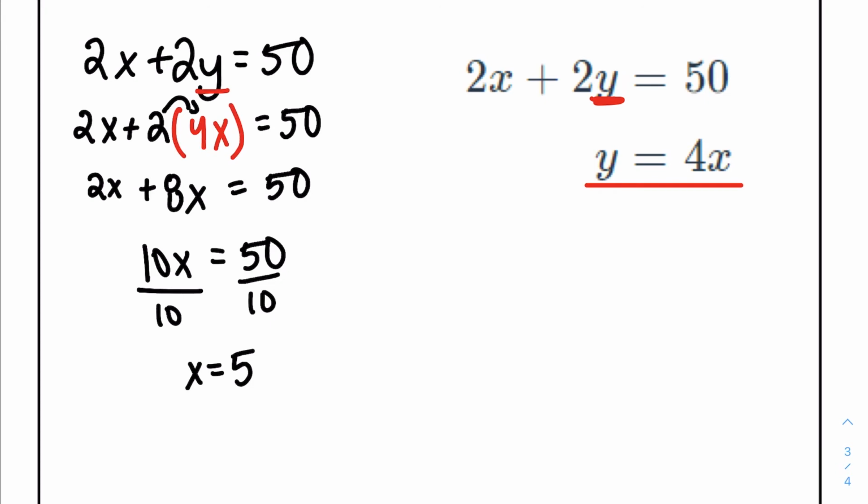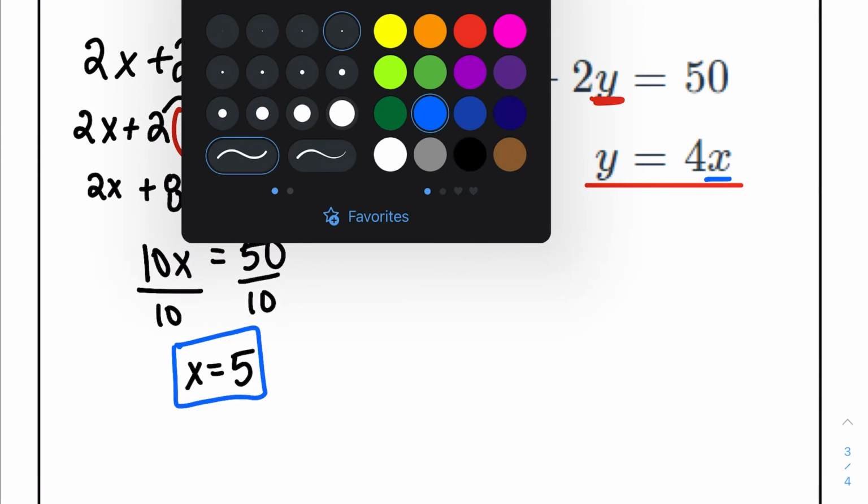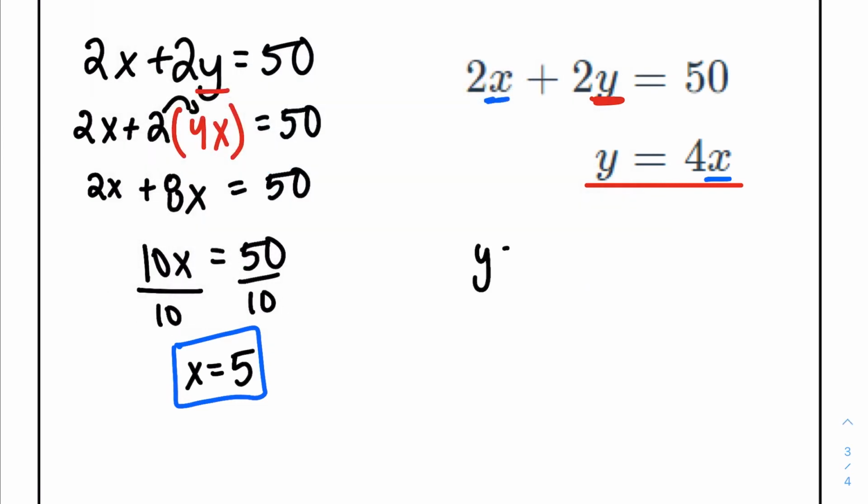x is equal to 5. Now you take that x is equal to 5 and you're going to plug it back into one of these equations, and we have to solve for y. Now, doesn't really matter which one you pick. However, the second equation looks a whole lot easier than the first. So I'm going to rewrite my original. I need to replace right there.